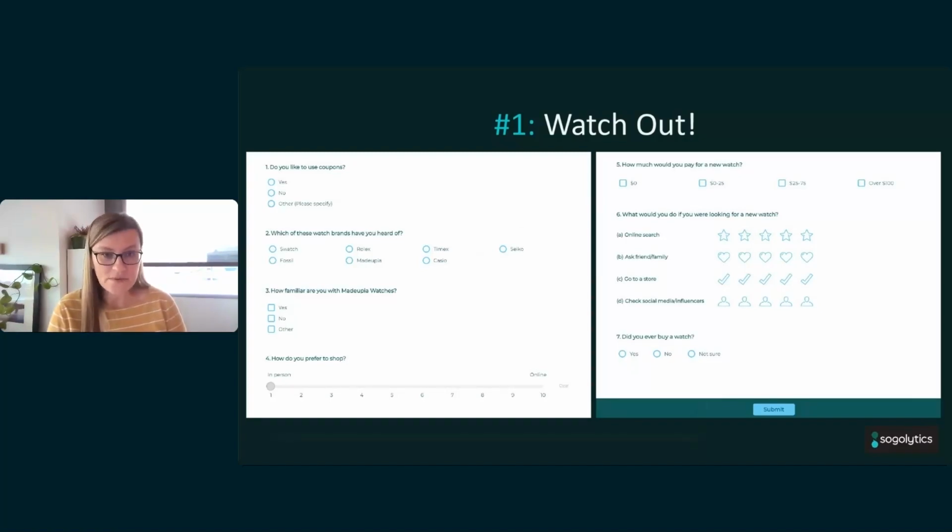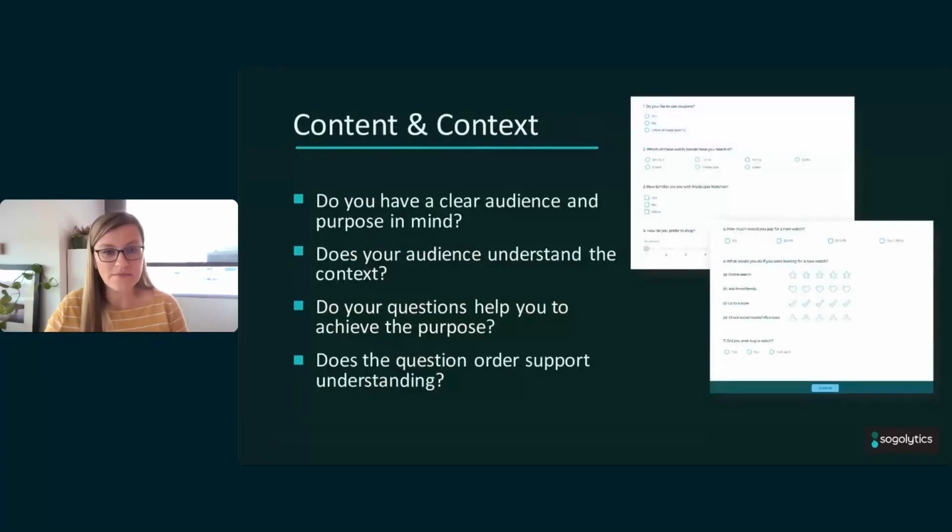If I've never bought a watch, why are you going to waste my time about how much money I would spend on this watch that I won't buy, which brands I care about, and which channels are most useful for me? So a little bit of a strange structure. And by the way, do you like to use coupons?